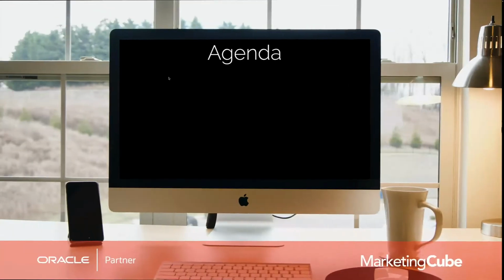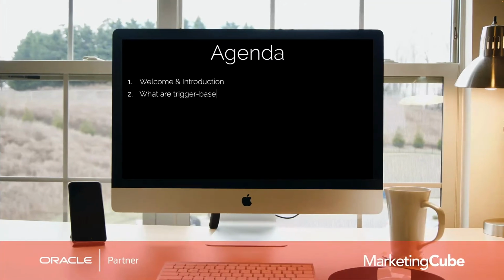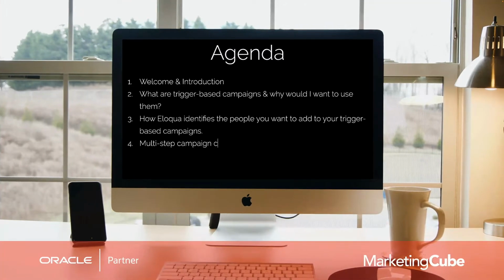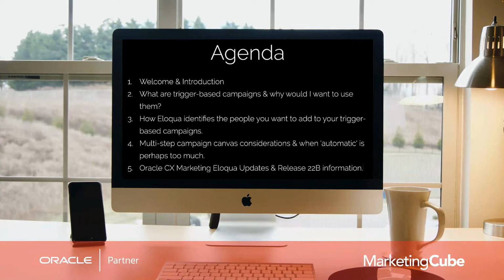Let's have a close look at the agenda and see exactly what we're talking about today. Trigger-based campaigns, why you want to use them, and then how you identify the right people to get into those campaigns. We'll also look at the campaign canvas and some considerations when adding people to these trigger-based campaigns, how quickly that process works, and whether you want to have exclusions.